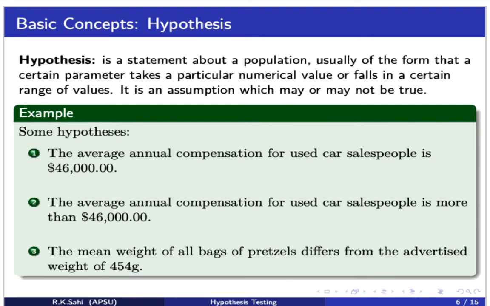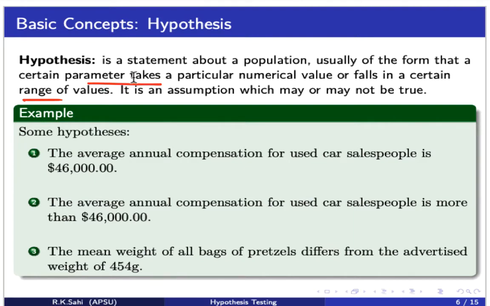So the first basic concept we're going to look at is hypothesis. What do we mean by hypothesis? A hypothesis is a statement about a population, usually of the form that a certain parameter will take on a certain numerical value, or it will fall within a certain range of values.